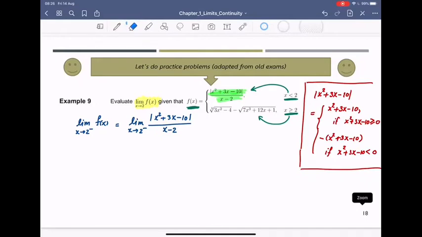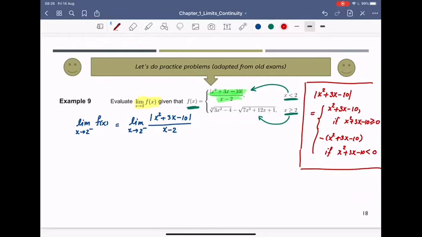And then you want to get rid of this absolute value. So we're going to see when x approaches 2 from the left, what condition do you need to use? The answer is going to be the second one, right? Because when x approaches 2 from the left, let's say that x is equal to 1.999999.